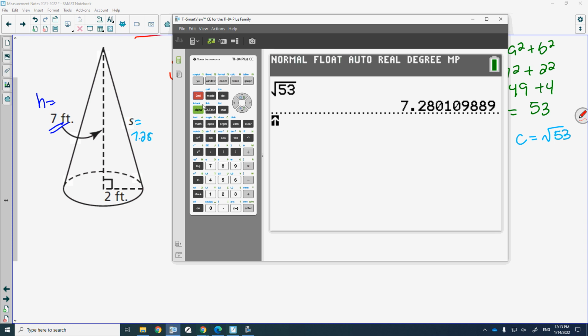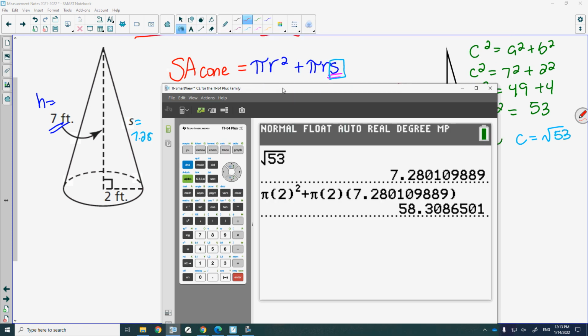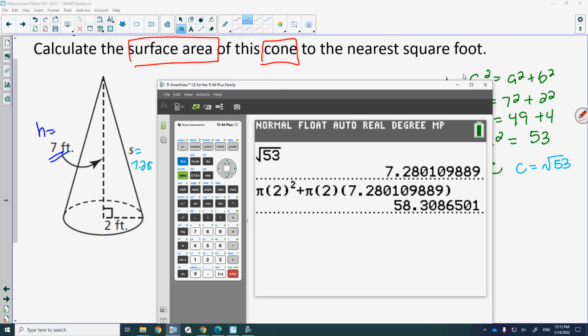So it's going to be pi, the radius, which was 2 squared, plus pi r, which was 2, and s, which was my slant height, which was that number there. Or you could have typed in at this point the square root of 53. And the surface area of this cone is going to be 58. What do they want it? Nearest square foot. So 58 square feet.